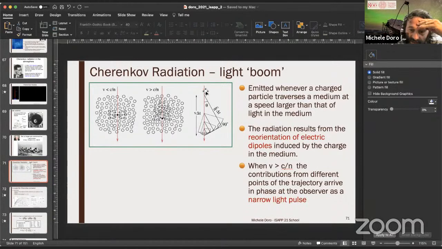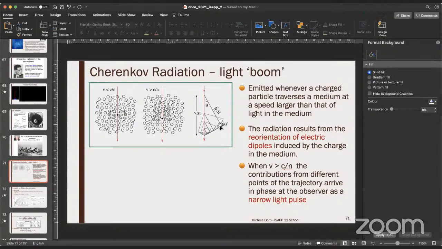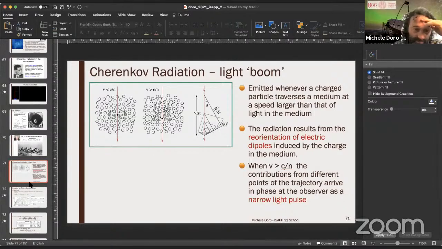And a coherence, so you have light emitted here when the particle moves, but all of them produce light with the front here, okay? So it's not the electron that is radiating energy, it's the medium, if you want, that is making the Cherenkov light, okay?